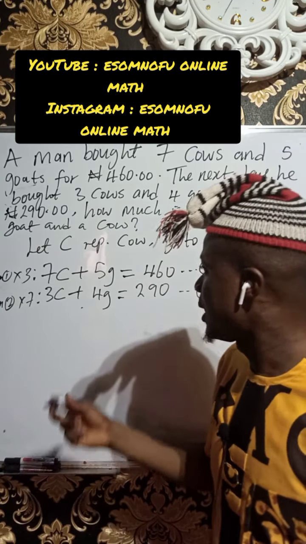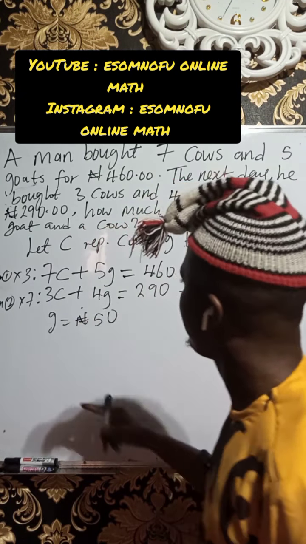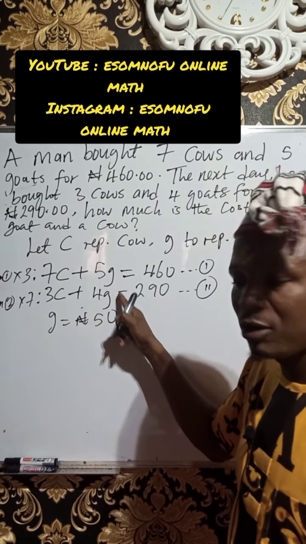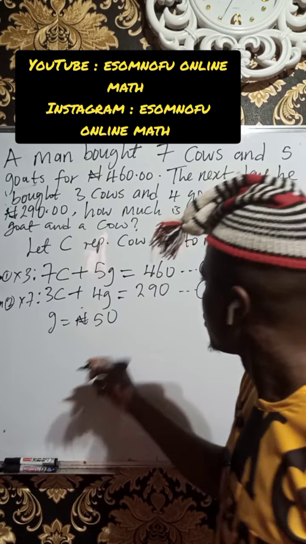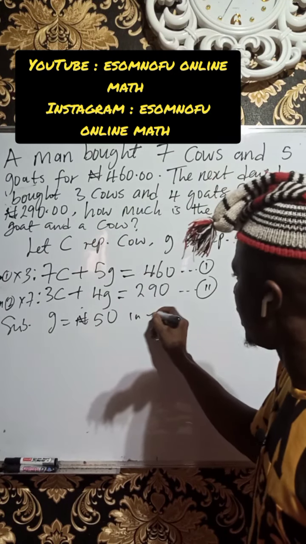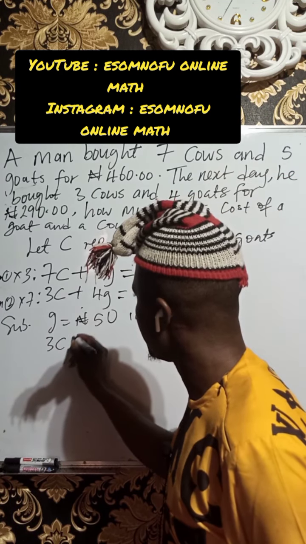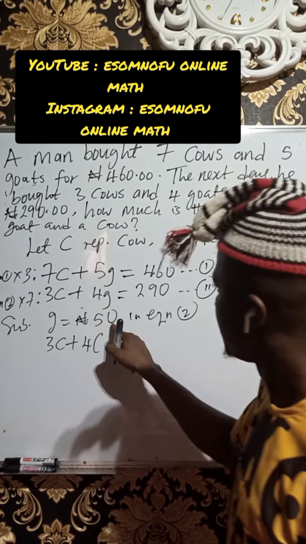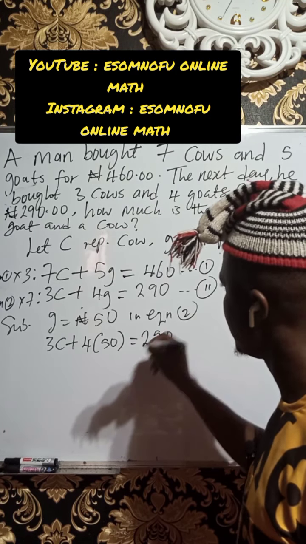Having found out that the value of a goat G is equal to 50 naira, wherever I see G in either equation 1 or equation 2, I will plug in 50 there. So let's use equation 2. I will say substitute G equal to 50 in equation 2. And look at equation 2, 3C plus 4G, I will put 50, equals 290.